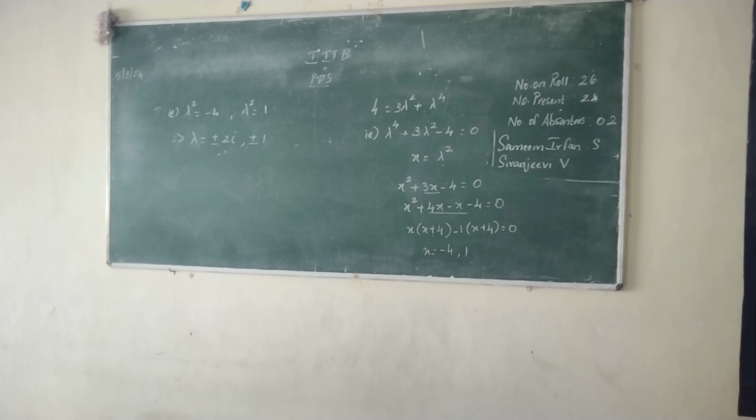What is the next one given? The items produced are sent to the market in packets of 20. So find the number of packets containing some categories in a consignment of 1000 packets. In the consignment how many packets are there? 1000, and in each one there will be 20. So what are the assumptions you will make now?